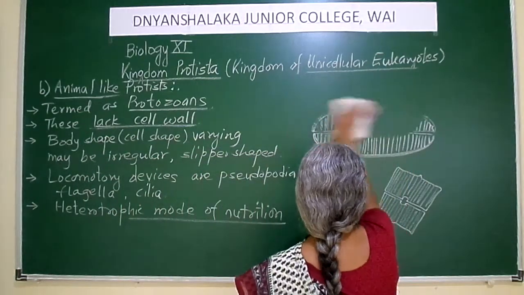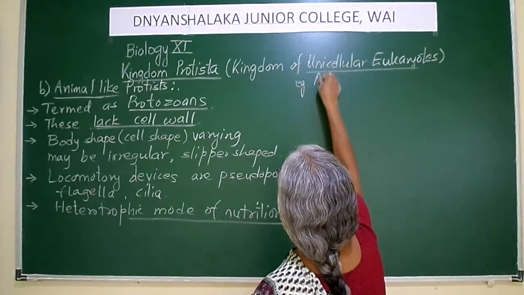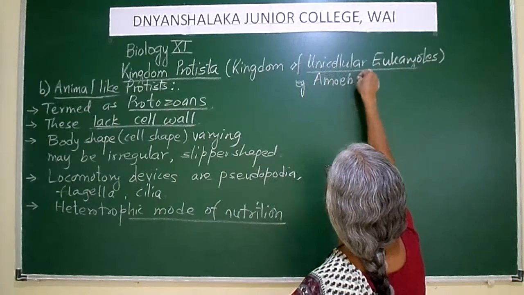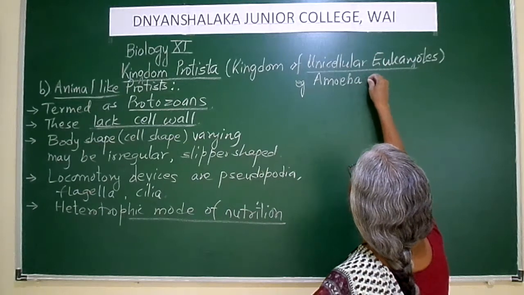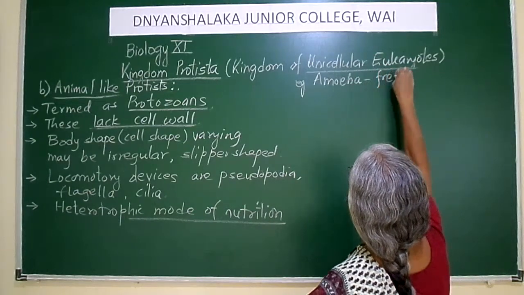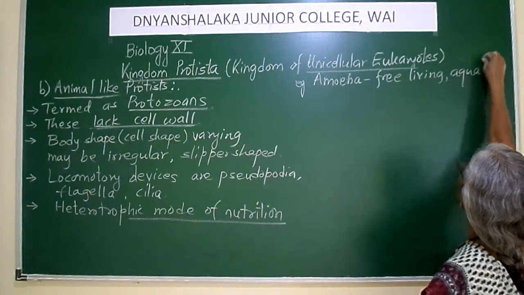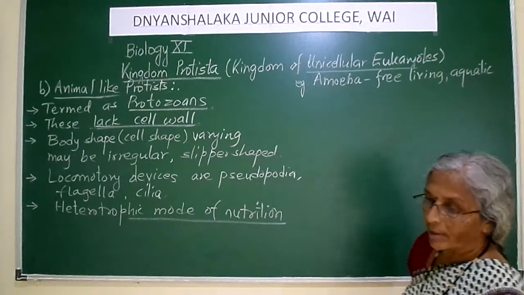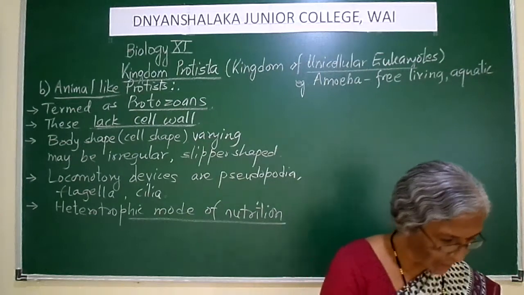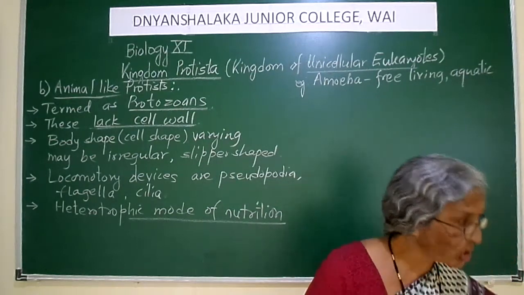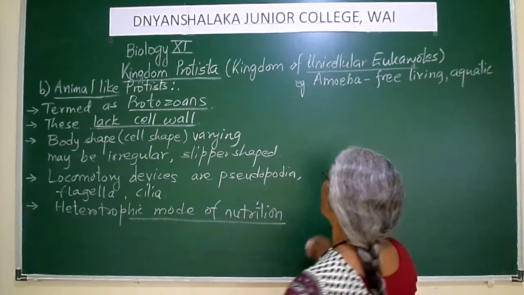What are the examples of these? Examples are amoeba. You know what an amoeba is? Okay, this amoeba is a free living aquatic form, so it lives in water. Now there is another amoeba which is called entamoeba, and this entamoeba is a parasitic form.